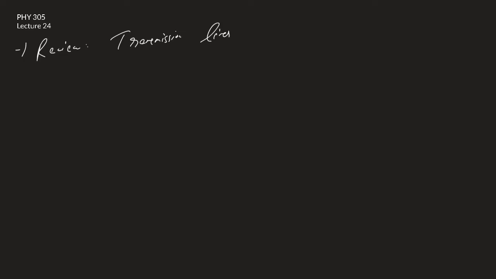And we said that transmission lines can basically be denoted by the following symbol. You essentially have two parallel conductors. And in general, this is your transmission line.